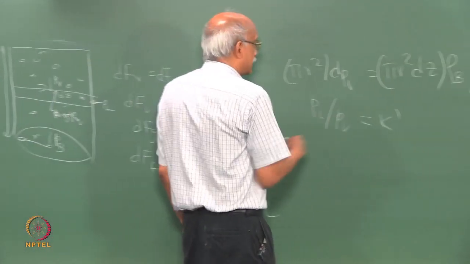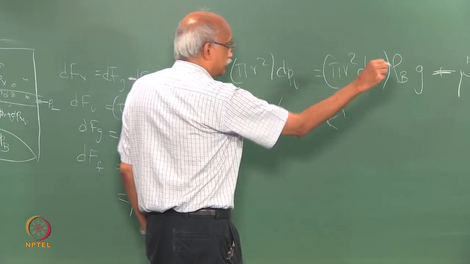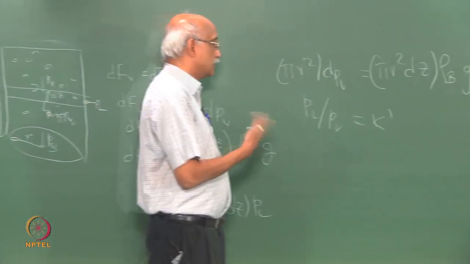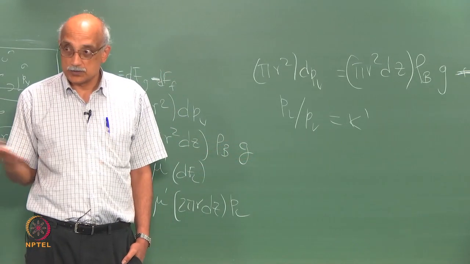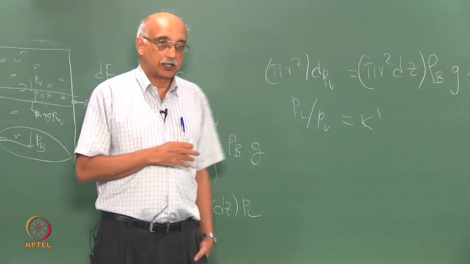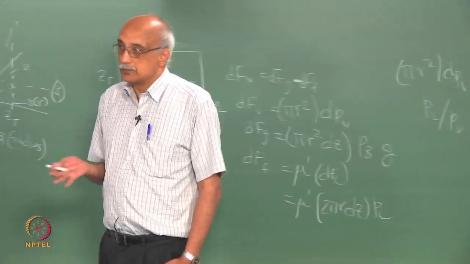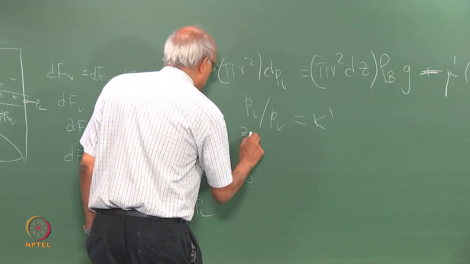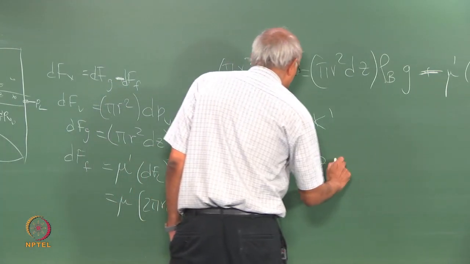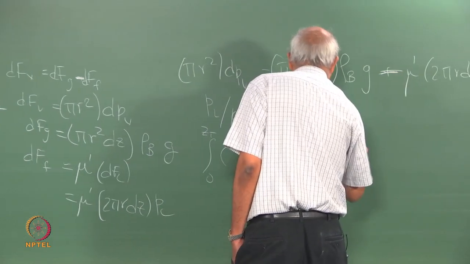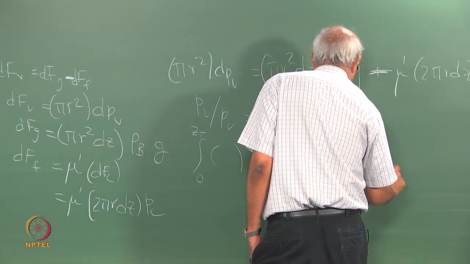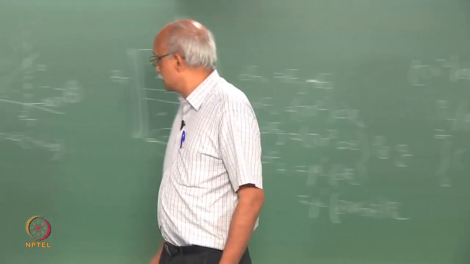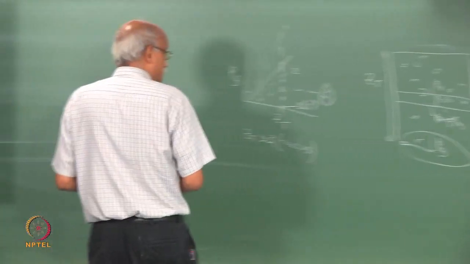And so, you can substitute that here, also cancel out pi r and then integrate both sides. One side you integrate from 0 to z total zt, on the other side you integrate from 0 to Pb. Okay. So, integral 0 to zt of terms containing dz equals integral 0 to Pb of terms containing dPb, and you solve that, and that is when you get this expression.